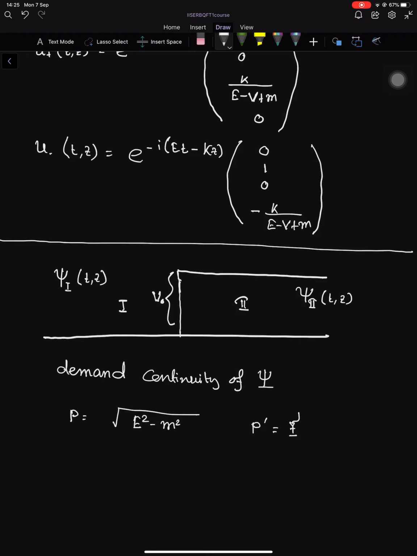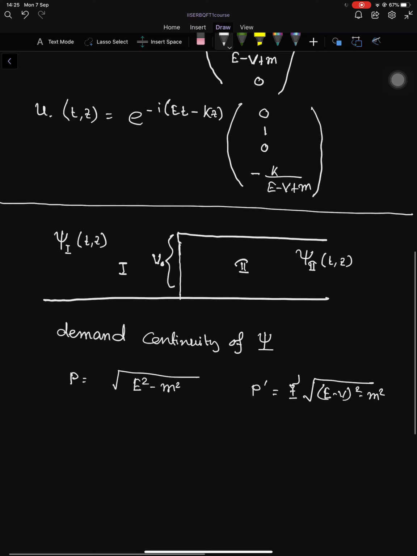This plus or minus sign depends on whether it's a strong, weak or intermediate potential. We discussed the sign issue for Klein-Gordon, and the same discussion is true here. Now in our case, let's say the incident wave function just has spin up. This is our choice, and it is traveling from left to right.